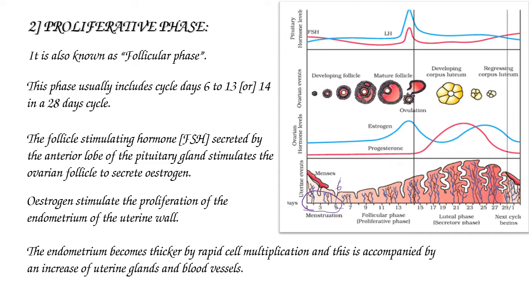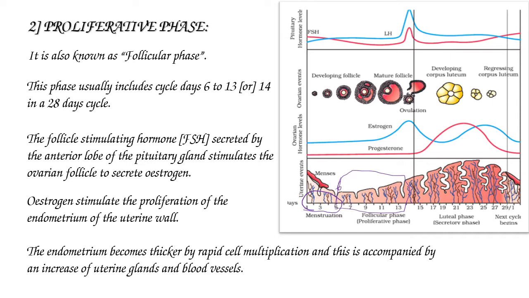From the 6th day to this 13th day, this region is considered the proliferative phase. When we observe this phase, we need to compare the ovarian events as well as the ovarian hormone levels and pituitary hormone levels during this proliferative phase.